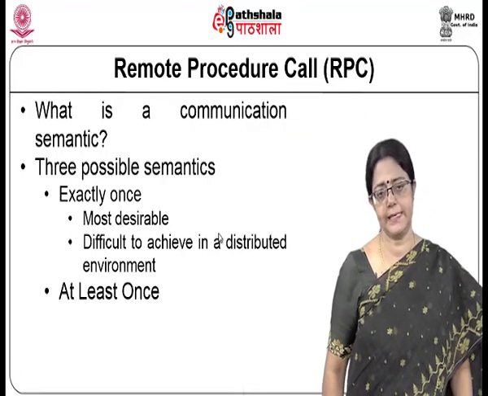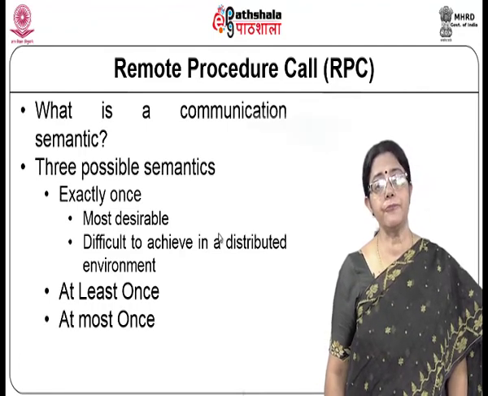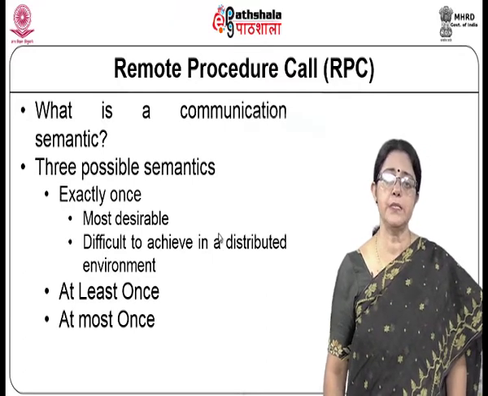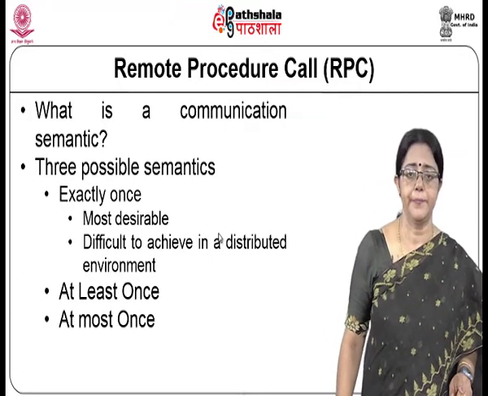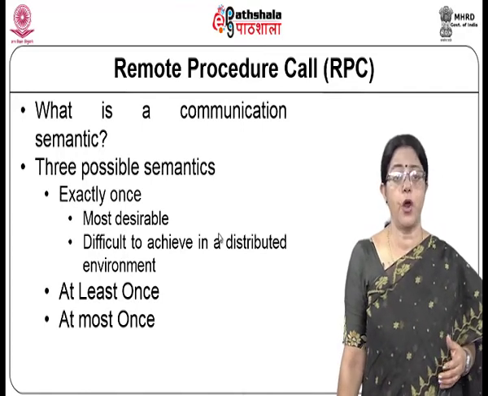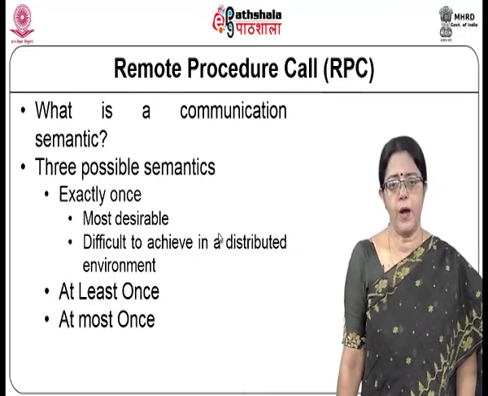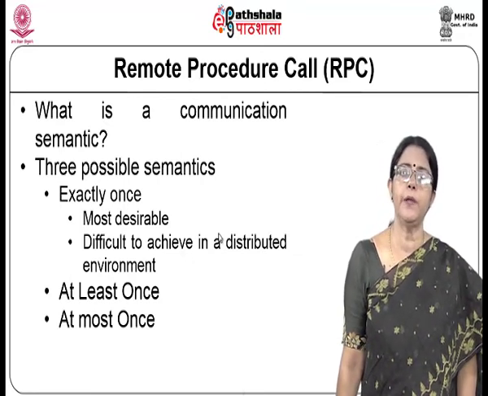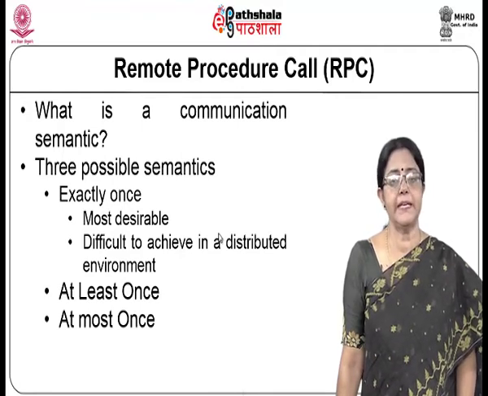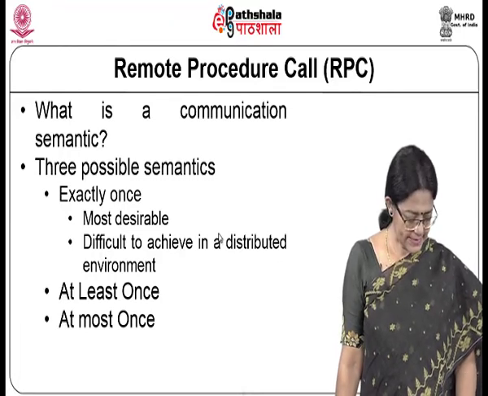That is an at least once protocol. If that is not what I desire, I may go for at most once, which is 0 or 1. That means do not worry about whether it is executed or not, but if it is executed, it should be executed only one time. There cannot be a duplicate execution.